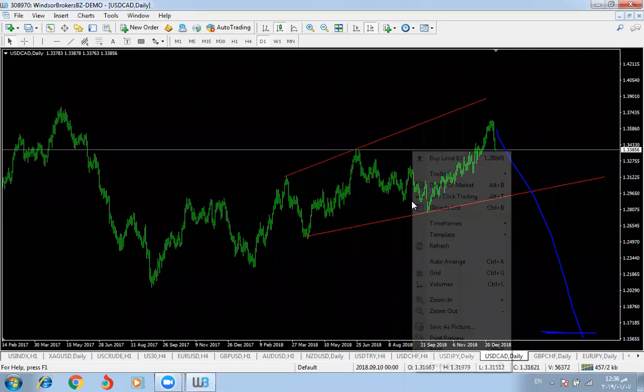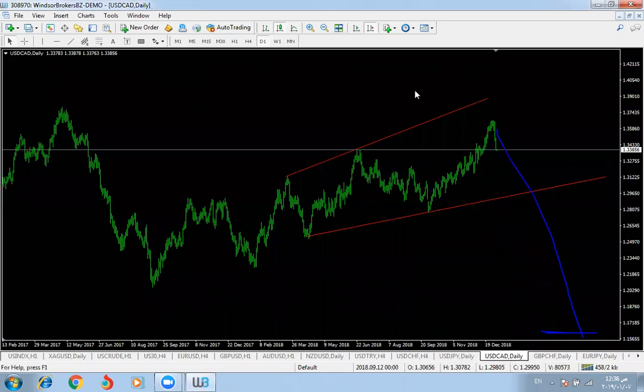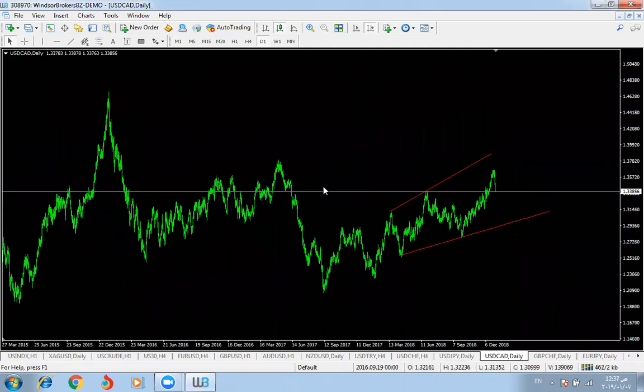So we are very bearish for the dollar against the Canadian dollar.